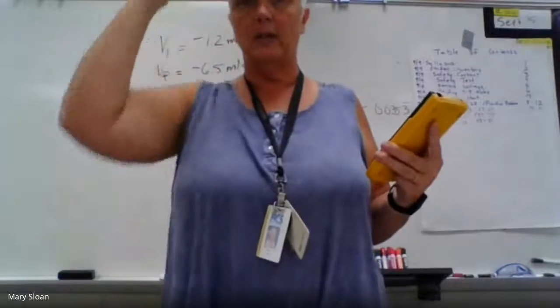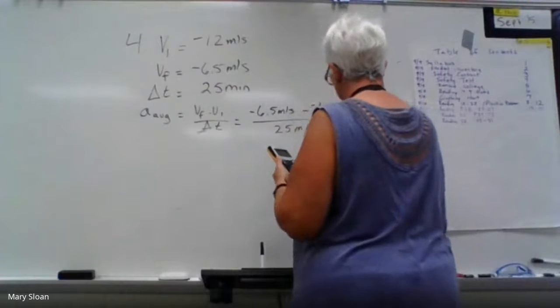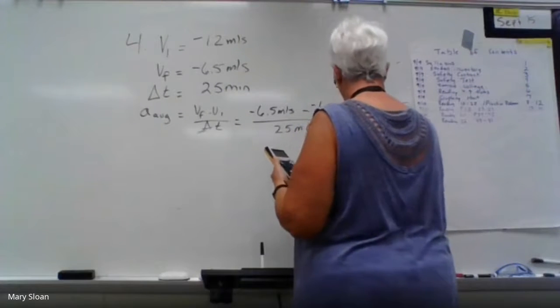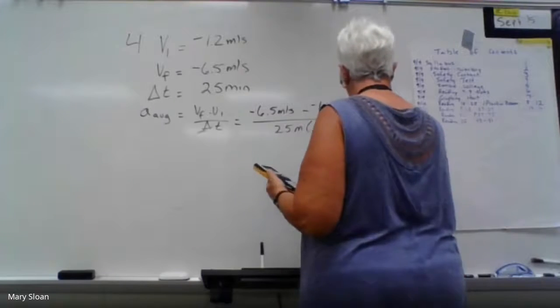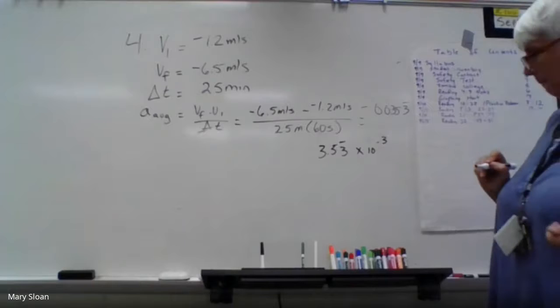So now change it to scientific notation and tell me what you got. I got negative 3.5, and then it's got all those 3s and then E negative 3.